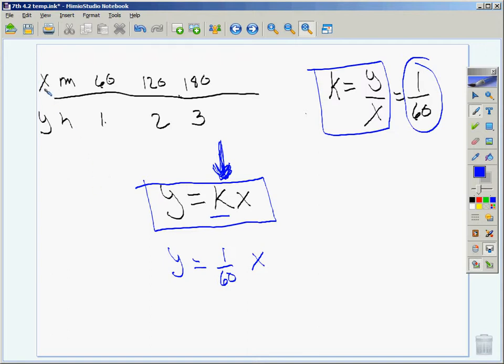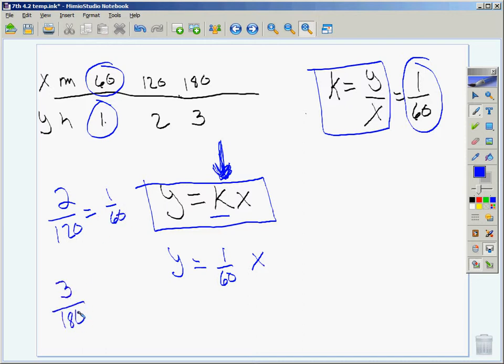In a table, X is always first, Y is always second. They're in alphabetical order. So Y is 1 and X is what? 60. I could have used 2 and 120, but how many times will 2 go into 120? 60. I could have used 3 and 180.